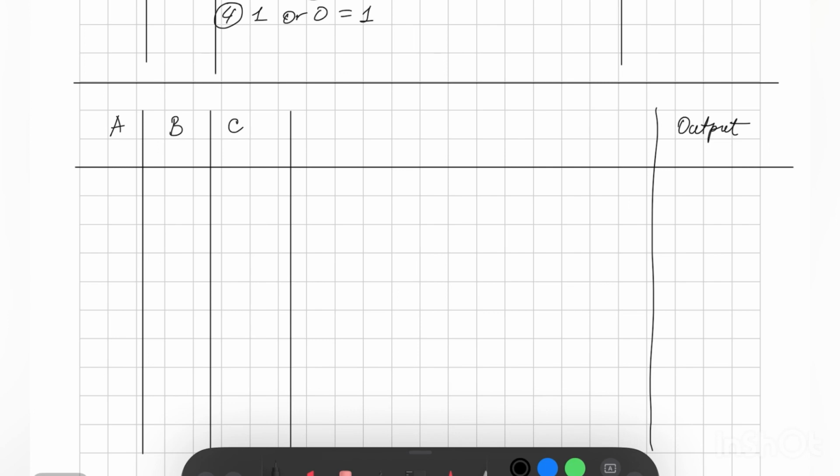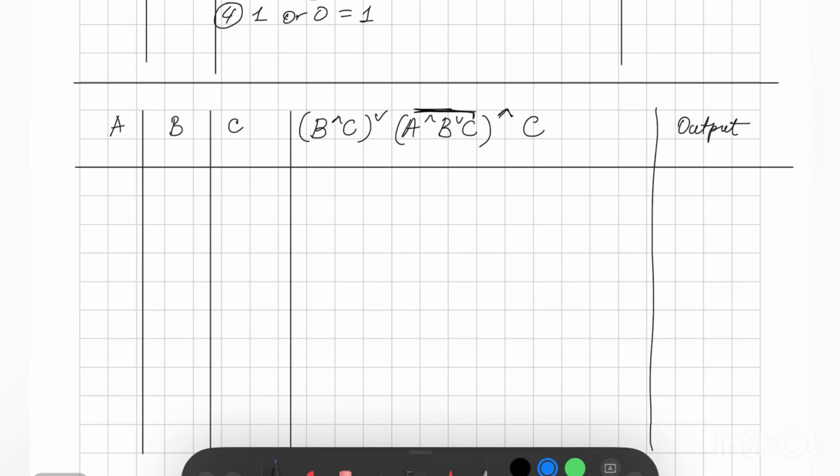And expression will be like B and C, or A and B, or C not, or C, for example. So what will be the steps?